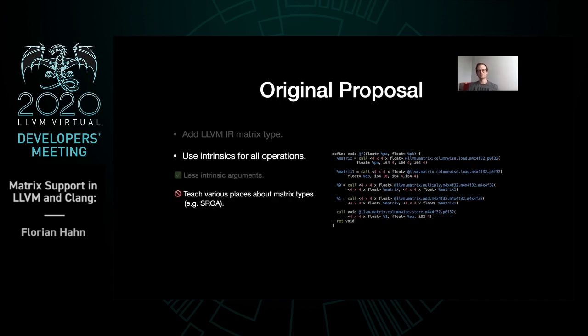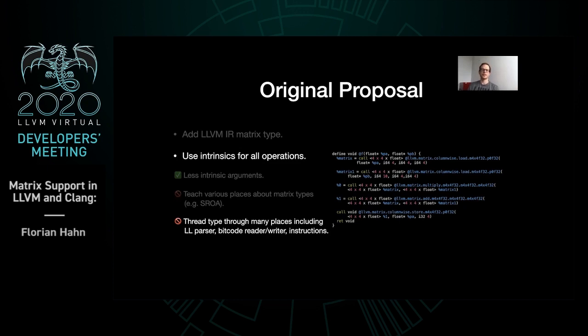So for example, by adding a new type, this also means that you have to teach various places in the optimizer about this new type. Otherwise, you'd miss out on very important optimization. One example is the scalar replacement of aggregates paths that would need to be taught to handle those new types.